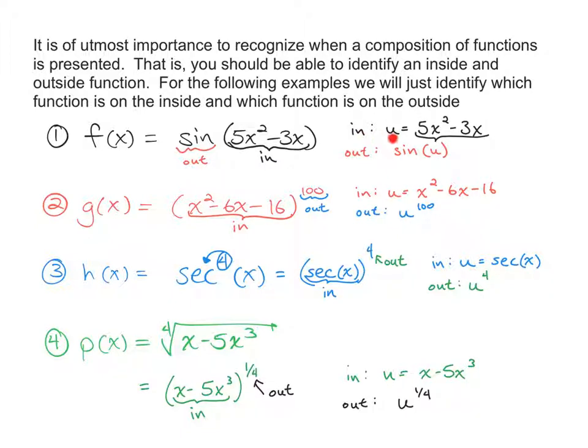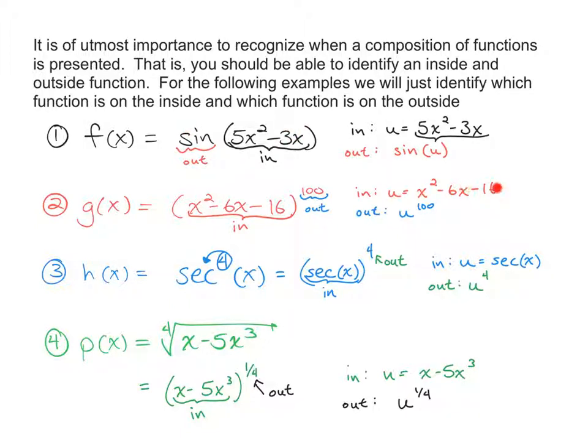And you can notice that every inside function here is set equal to u. There we go. And every outside function has u instead of x's. And if you make the substitution for this u in the outside function, you'll get what you started with.